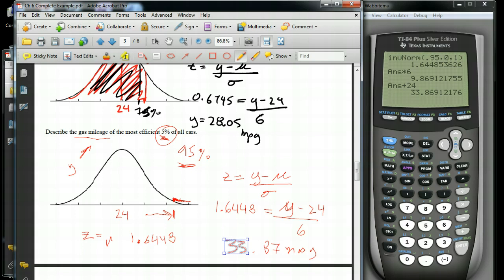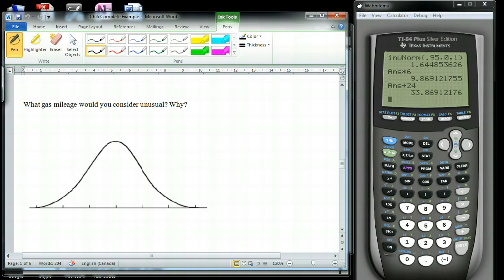Or in other words, we can say, according to our normal model, the top 5% of most efficient cars get over 33.87 miles per gallon.